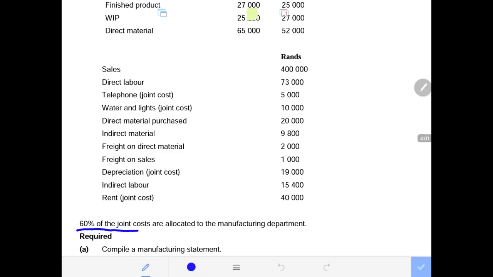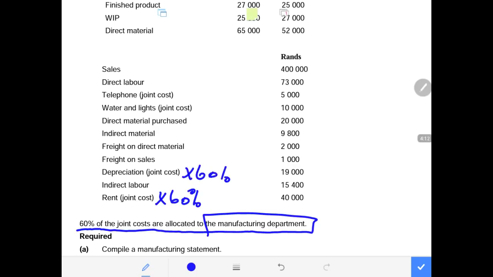60% of the joint costs are allocated to the manufacturing department, meaning 60% of the rent relates to manufacturing, and 60% of depreciation relates to manufacturing, and 60% of water and electricity relates to manufacturing, and 60% of telephone expense relates to manufacturing cost. So these costs relate to manufacturing or production.